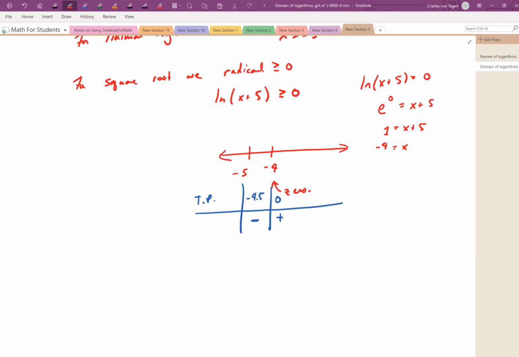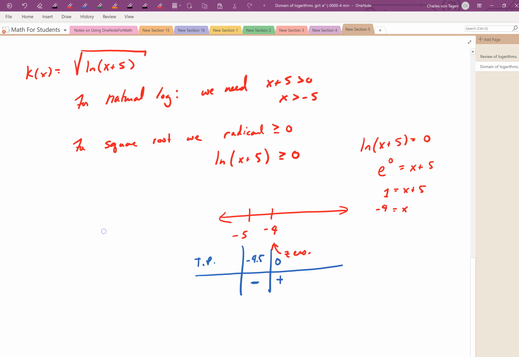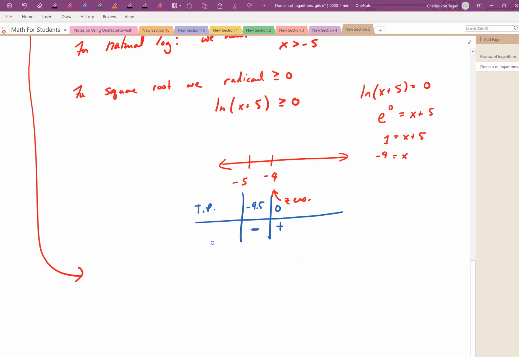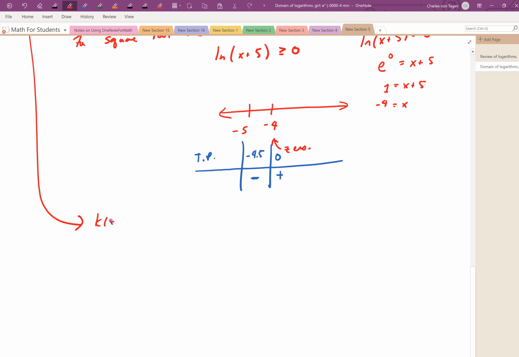So what is the domain of this expression? Let's return to the original function way up here. k of x is equal to the square root of the natural log of x plus 5. We need values from -4 to infinity. So we can't take values to the left of negative 5 because the natural log wouldn't be defined.